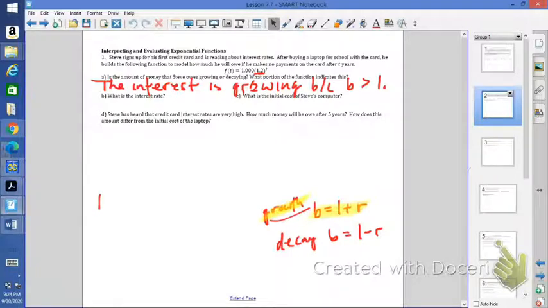So 1.2 equals 1 plus r. So what does r have to be? 1 plus what gives me 1.2? Well, r would have to be 0.2, or 20%. So that's the interest rate.